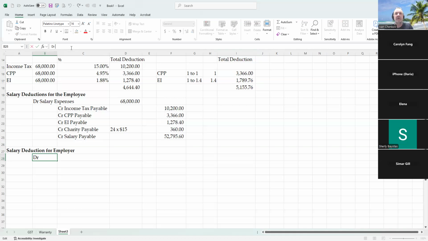Employee benefits expense is exactly how the account is coded. Let me double check that, and I'm going to expense it right there. Make sense?